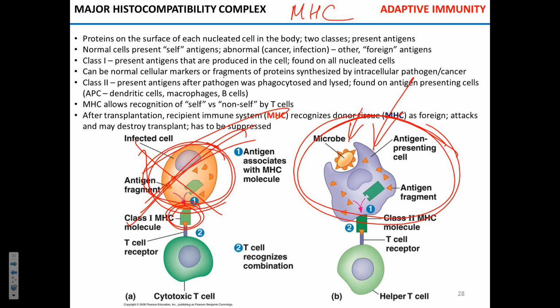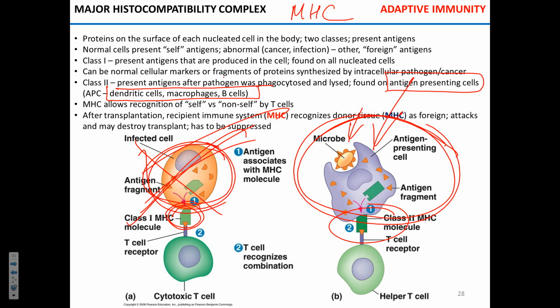Class 2 is presented only by antigen-presenting cells. Only. Three types: dendritic cells, macrophages, and B cells. Those are the three antigen-presenting cell classes that you must know.